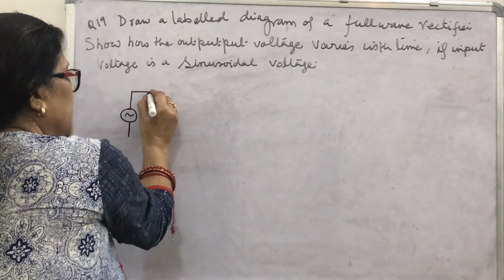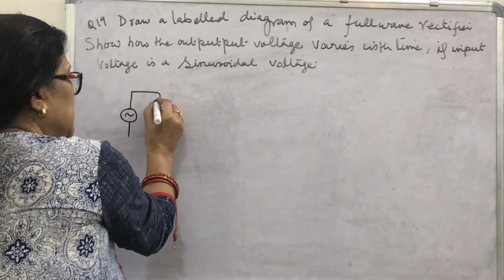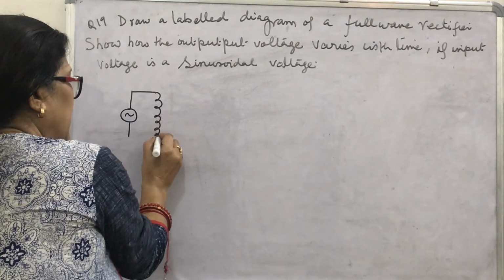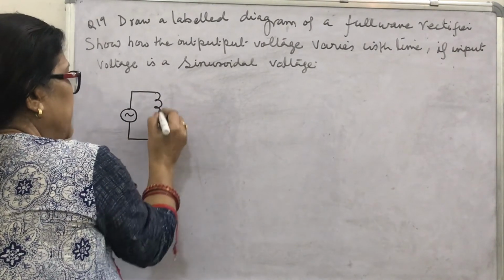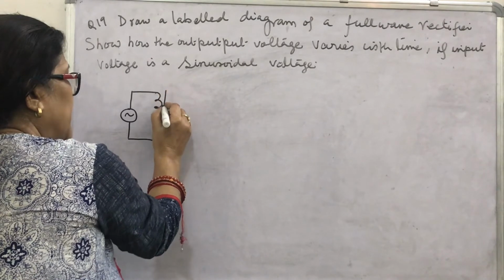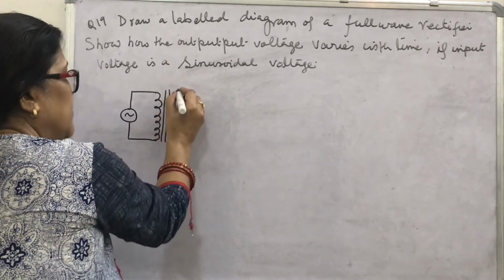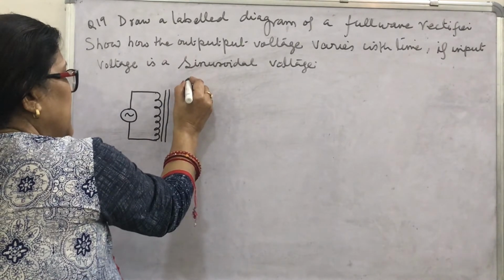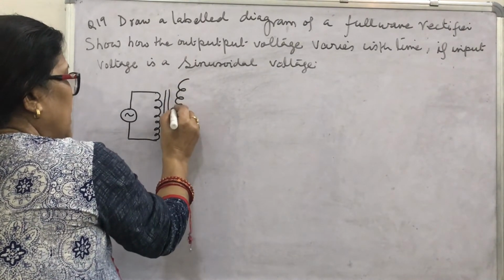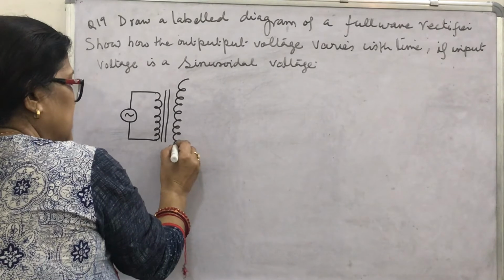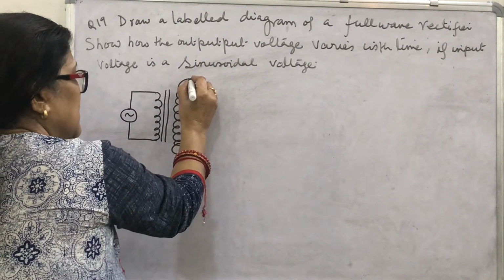So if this is the AC source which is applied across the primary coil of a transformer, these two lines are the soft iron core, and here the secondary coil of the transformer, it is shown like this.